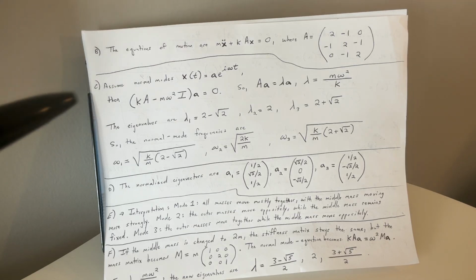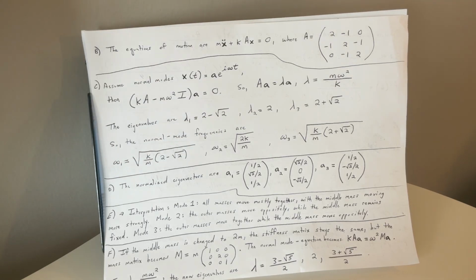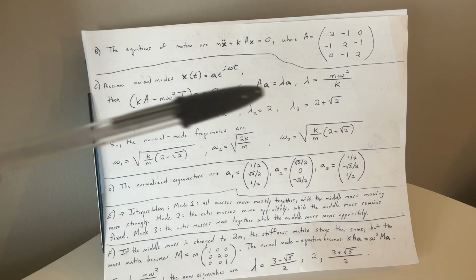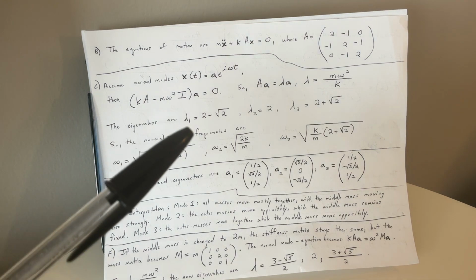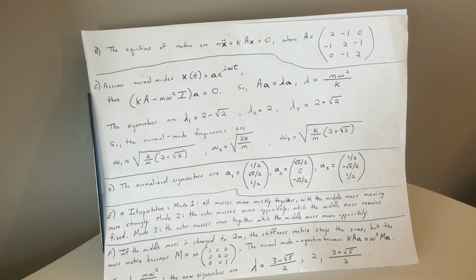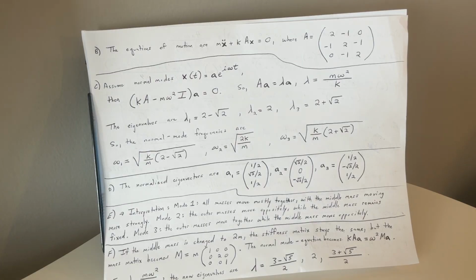So the stiffness matrix A times the mode shape vector equals lambda times the mode shape vector, where lambda equals m omega squared over k. The eigenvalues are lambda 1 equals 2 minus square root of 2, lambda 2 equals 2, and lambda 3 equals 2 plus square root of 2.